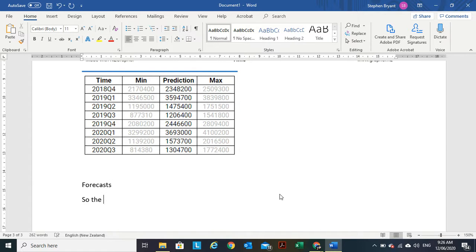So the NZ Grapher has projected into the future and given us these forecasts. Okay, so it's not enough just to put the table there, you do need to write about it, otherwise we can't give you the mark for this one.